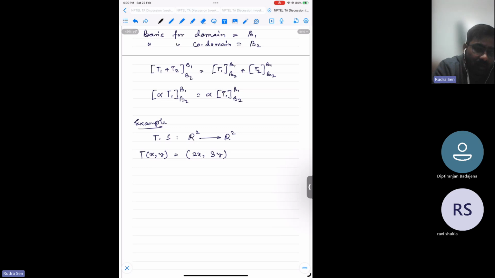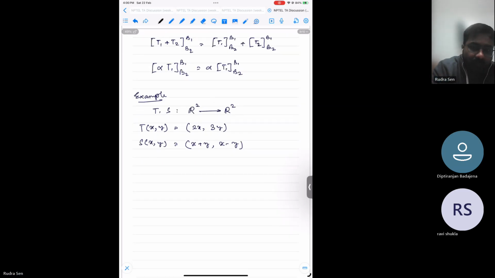So this is the transformation. It takes the value of (x, y) and maps it to (2x, 3y). And S of (x, y) is (x + y, x - y). Now you can check by yourself whether T and S are both linear transformations or not.